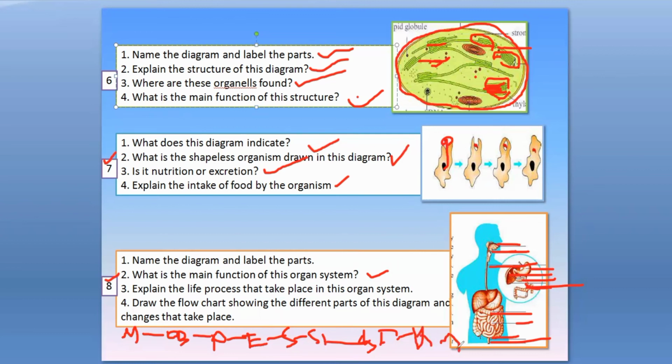This is the sequence of food processing from mouth to anus. And what are the changes? Mainly physical and chemical changes take place. Physical changes occur with the help of teeth and the wall muscles of the digestive system and gut. Chemical changes occur by the enzymes.